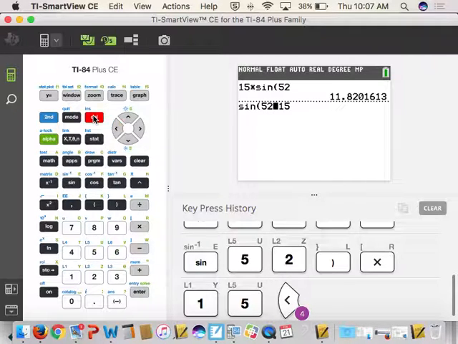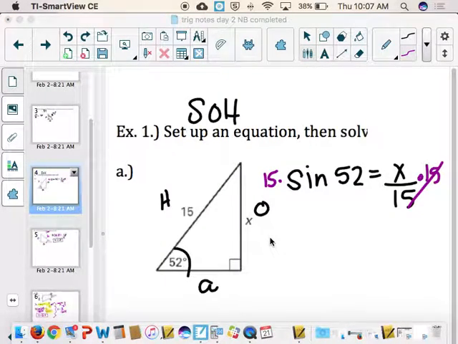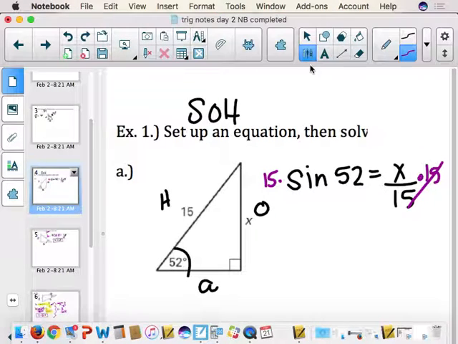If I don't put that parenthesis there and I hit enter, that is clearly not the right answer. The calculator just took the sine of whatever 52 times 15 is. So you have to close the parenthesis, but again, I recommend entering the number in first. So we enter that 15, and that leaves us with our answer again of 11.8 in our calculator.